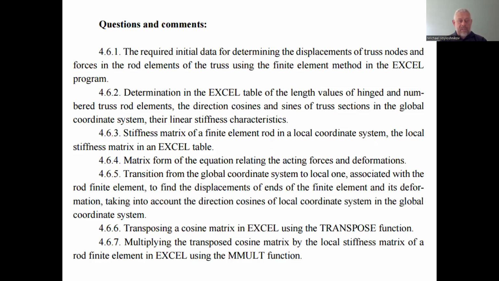So, questions and comments. The required initial data for determining the displacement of truss nodes and forces in the rod elements of the truss using the finite element method in the Excel program is the same initial data as when we use the finite element method not in Excel, but in other software, maybe in MathCAD. The required data is the geometry of the mechanical system.